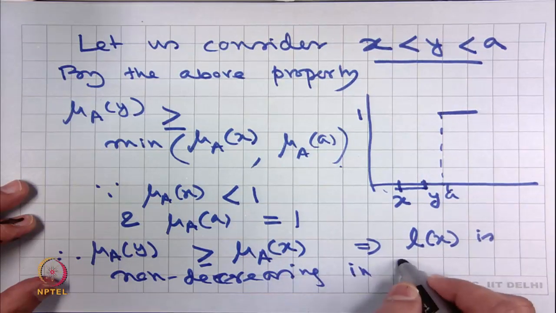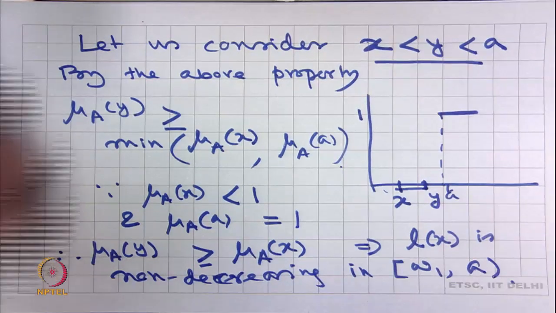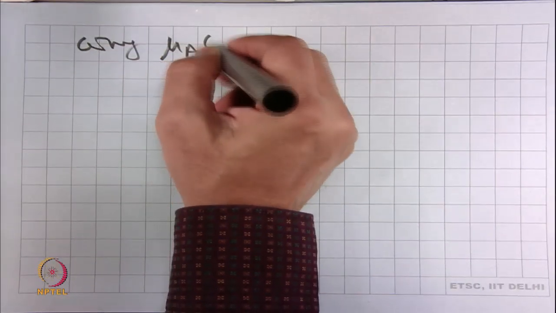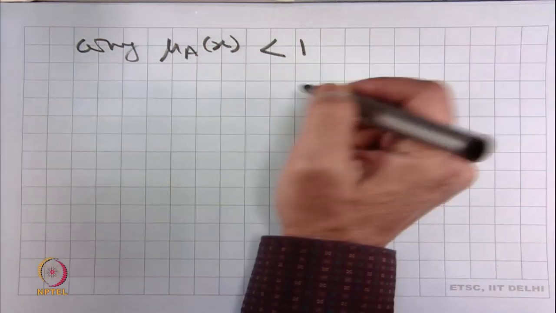In W1 to A. The question is why membership of x to A is less than 1.